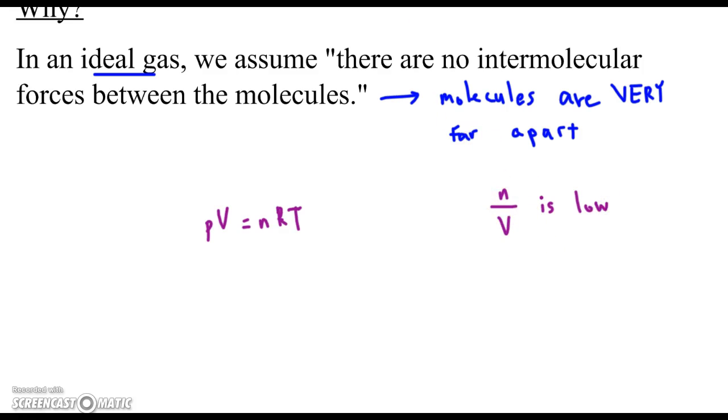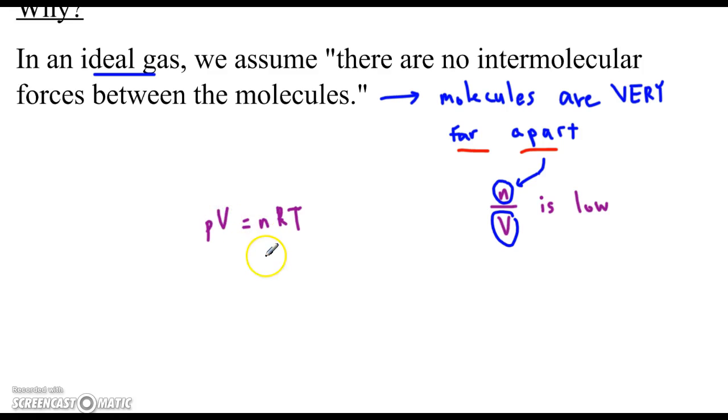There's not that many moles for the volume, so those moles are spaced out. They're far apart. If you say molecules are far apart, then in effect what you're saying is that this ratio is low. There's not a lot of moles, and there's a big volume, so the moles are all spread out across the volume.